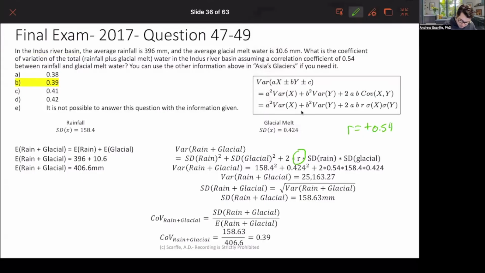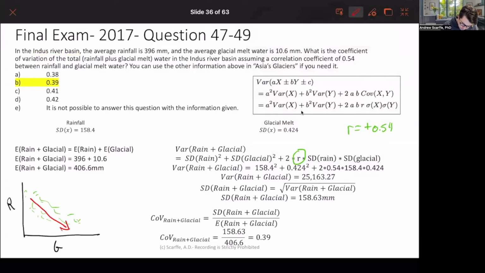Now, if, and this is just a hypothetical, because this is no longer part of the question, but if we had rainfall and glacial, and instead of a positive correlation coefficient, we had a negative correlation coefficient, something that looked like that.